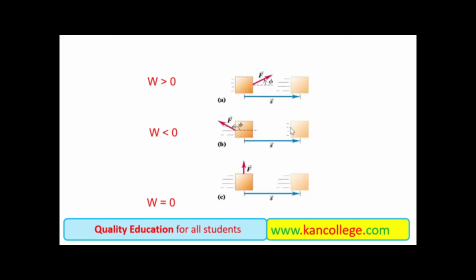But if a body is moving in the forward direction and some force tries to stop it by pulling it back, it means that the angle will be greater than 90 between the x-axis and the force. In the first case, the angle was less than 90 and the cos of an angle less than 90 is always positive. But the cos of an angle greater than 90 is always negative.